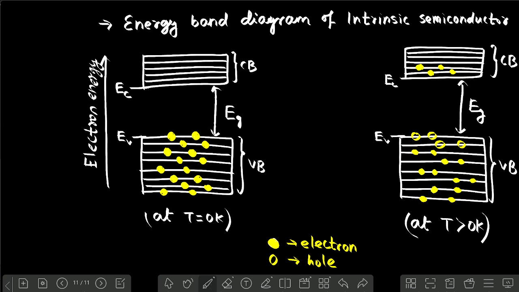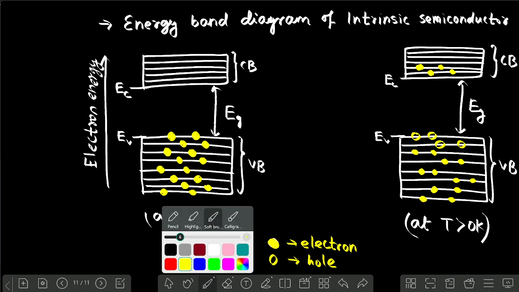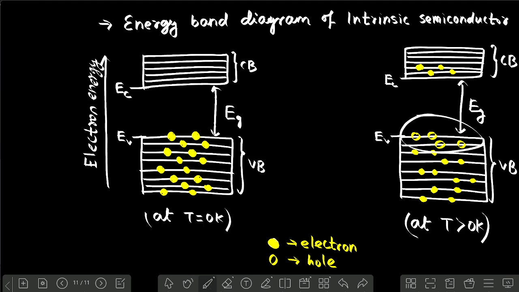Draw everyone. All of you, keep one empty circle and one filled circle. Check carefully: whatever I have done here, these are empty circles.